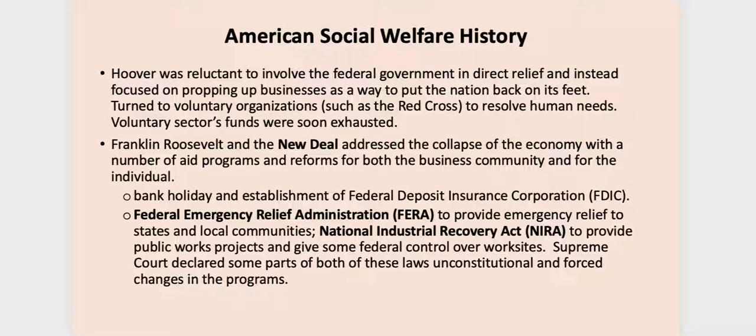Now, the Supreme Court, within a short amount of time, came back and declared parts, if not all, of both of these laws unconstitutional. His efforts to get the economy back up on its feet were torn asunder by a conservative court. He developed a strategy of what they called court packing.